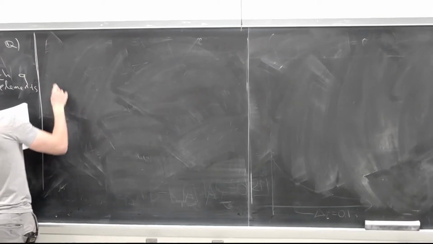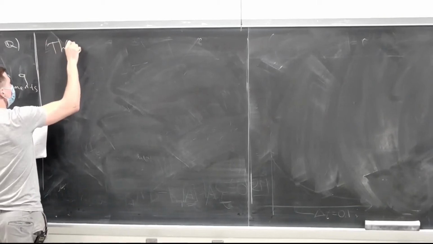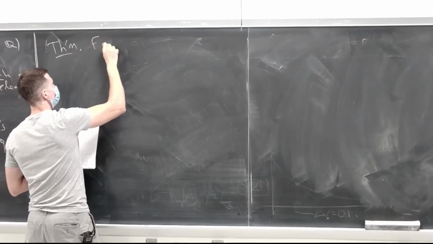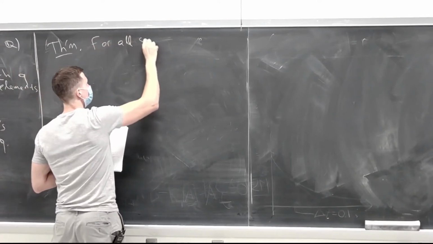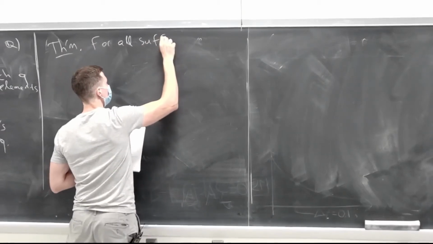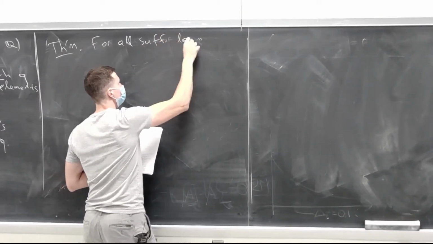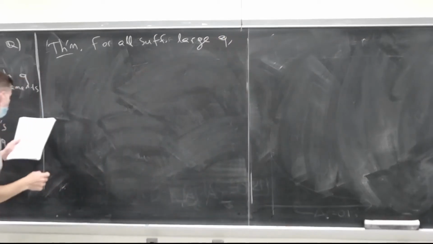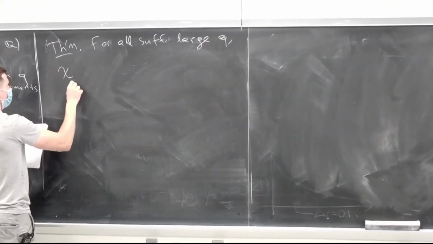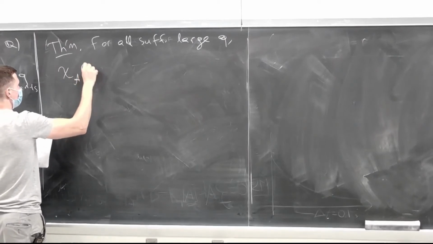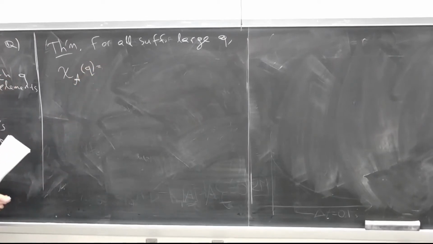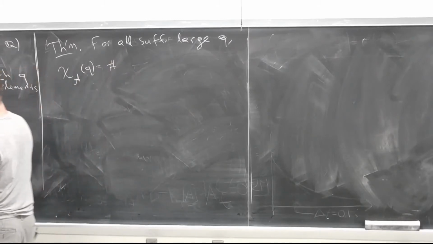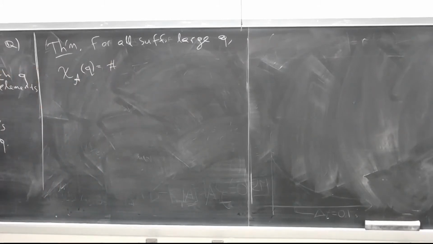Theorem. For all sufficiently large Q, the characteristic polynomial of your hyperplane arrangement evaluated at Q is given by the following. Over F_Q, this is a finite set.